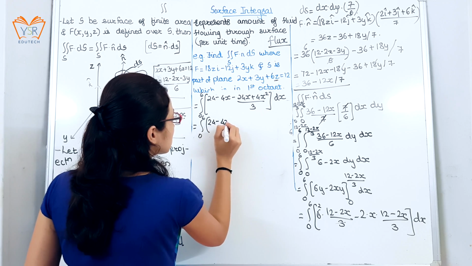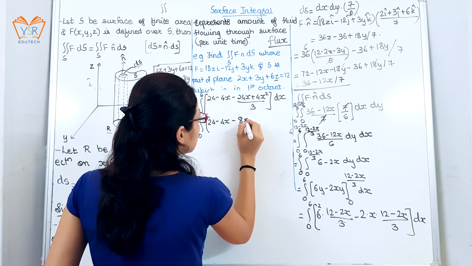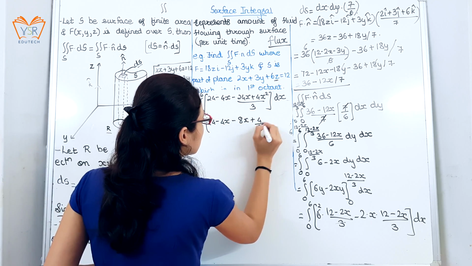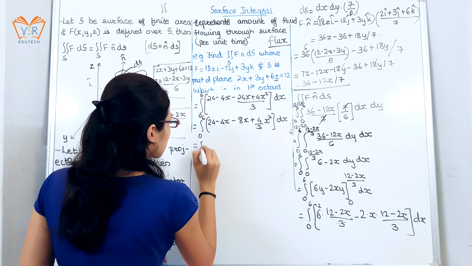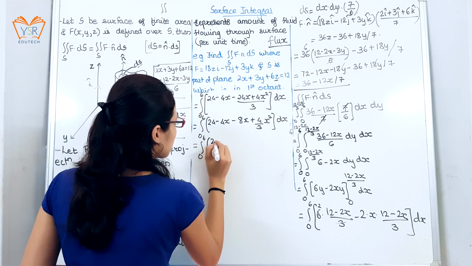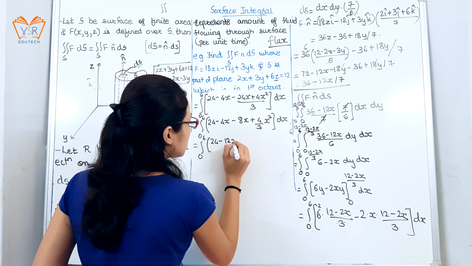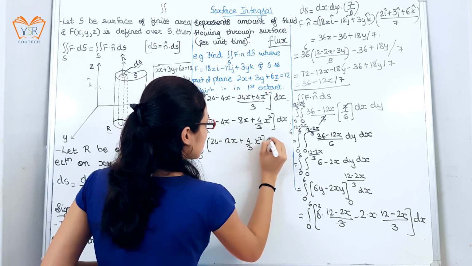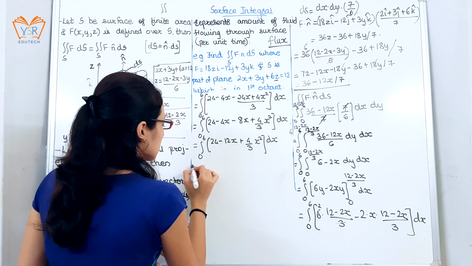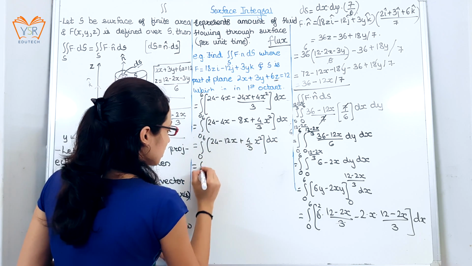24 minus 4x minus 8x plus 4 by 3 x square. This will give 24 minus 12x plus 4 by 3 x square dx. Now integrate it with respect to x.